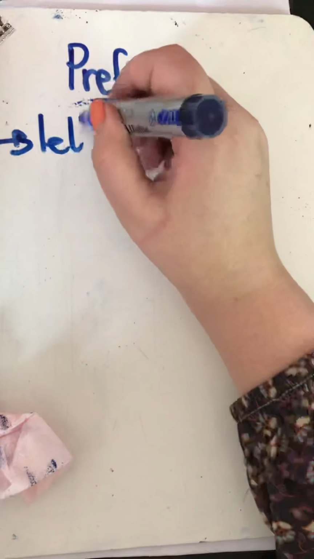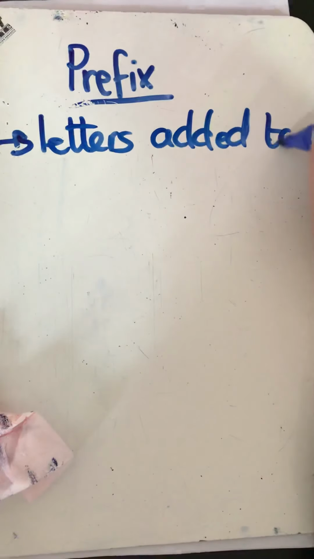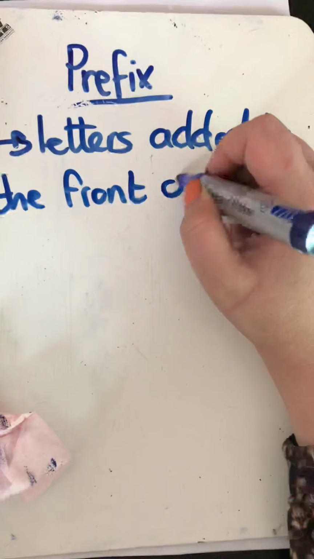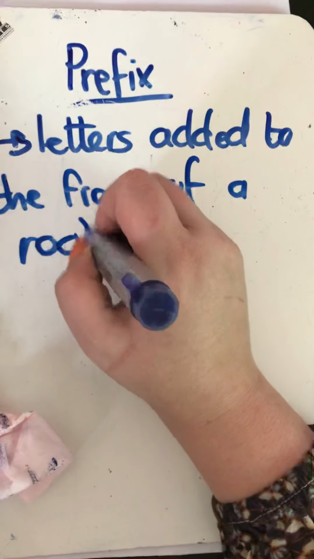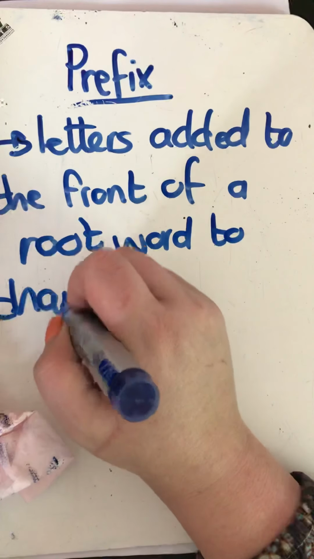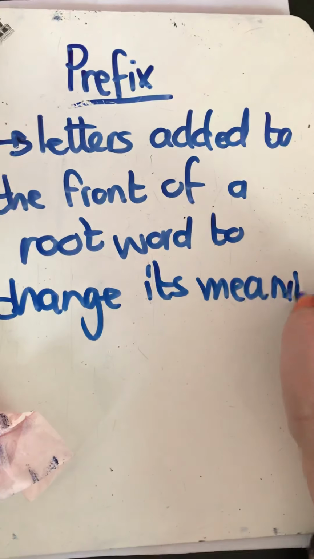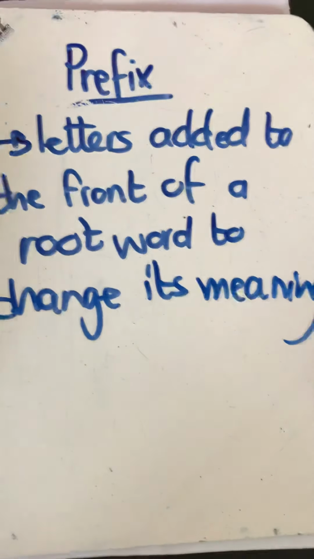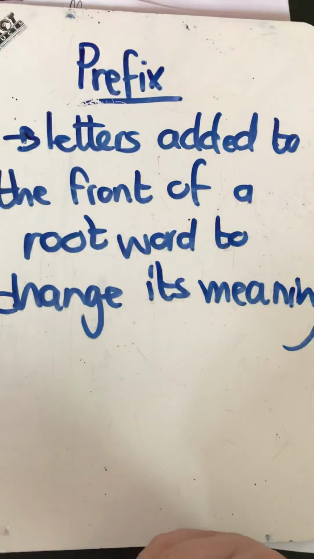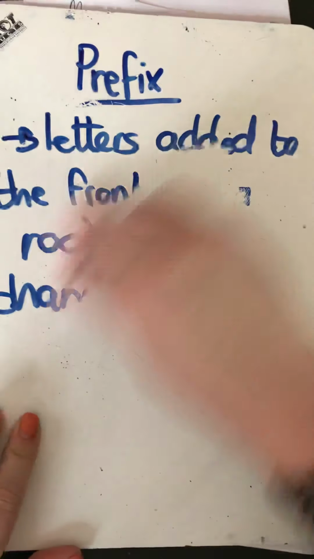It's letters added to the front of a root word to change its meaning. So that is what a prefix is. It is a number of letters that you add to the front of a root word in order to change the meaning of the root word.